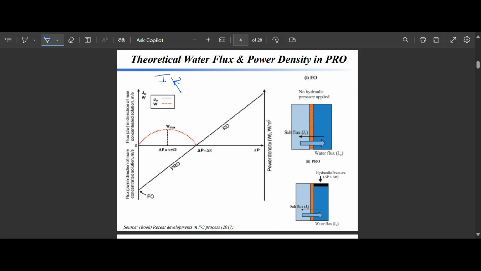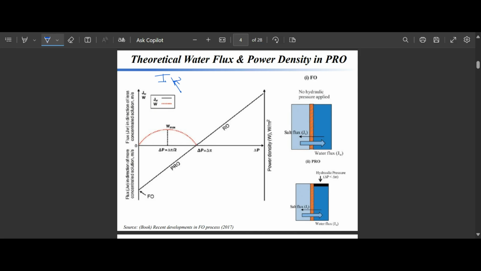But we start to apply extra pressure, increasing more, until not exceeding the osmotic gradient. This mode is related to what? Pressure without osmosis. We added the pressure here, but not exceeding the osmotic gradient.